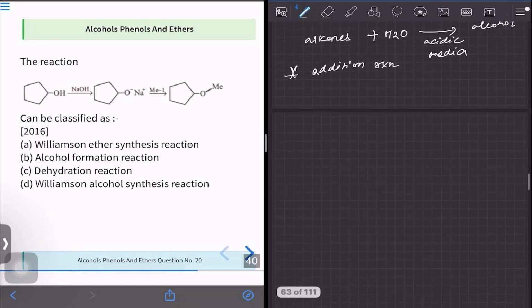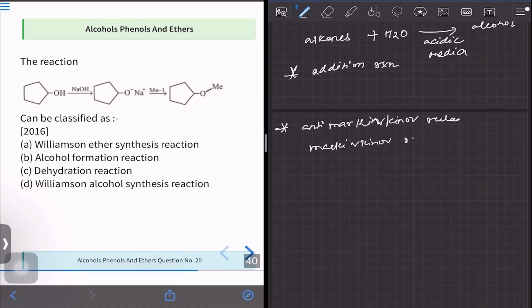In addition reactions, it follows the anti-Markovnikov rule and the Markovnikov rule. What is this rule?